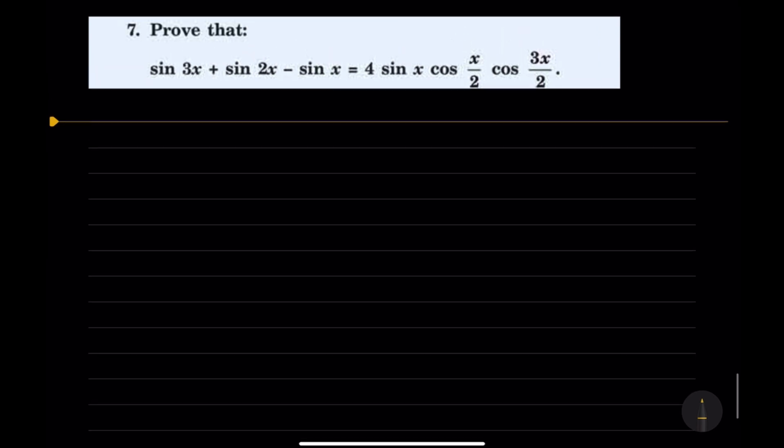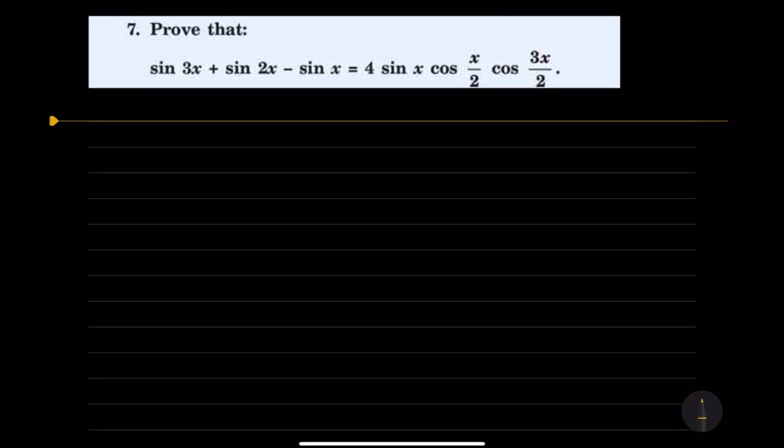So here you are having: prove that sin 3x plus sin 2x minus sin x is equal to 4 sin x into cos x by 2 into cos 3x by 2. So here you are having in the solution part, LHS is equal to sin 3x plus sin 2x minus sin x.